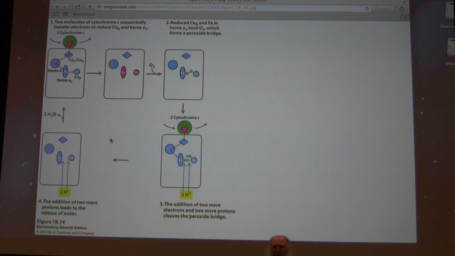The reason is that over time there has been the release of reactive oxygen species, things with unpaired electrons, and those have reacted with proteins and other things in the membranes of the mitochondria. Your mitochondria get damaged with age. One of the strategies for maintaining youth is to try to maintain the integrity of mitochondria. And there are some very interesting strategies that people are using to do that.